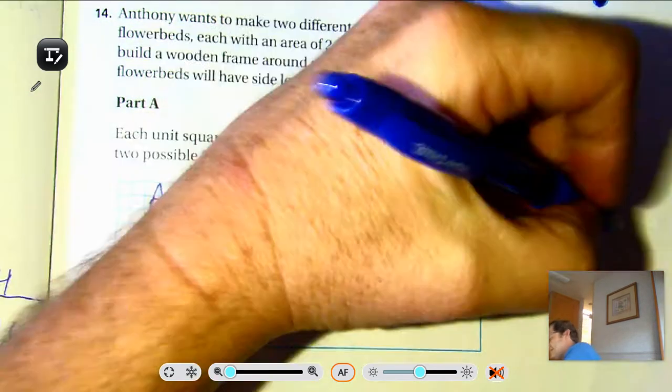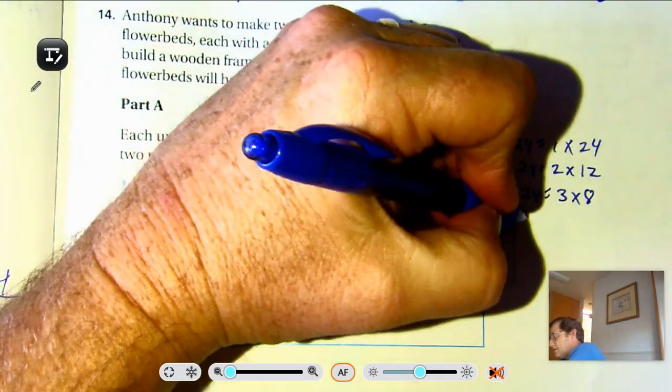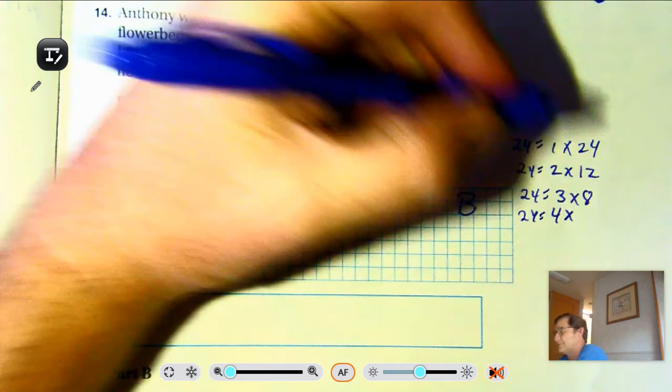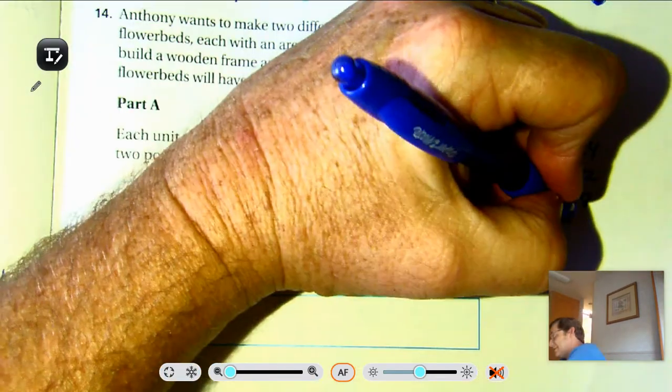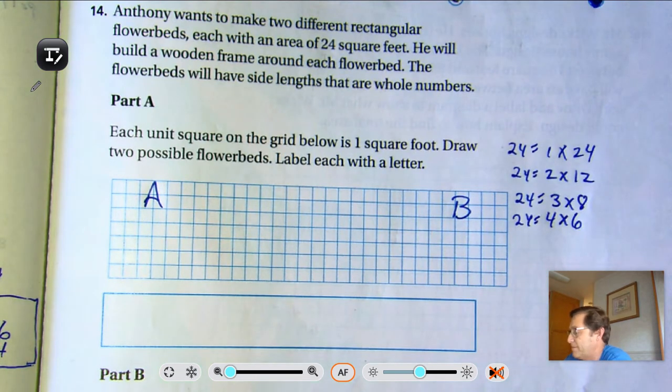Yeah, 3 times 8 is 24. 4 times what is 24? 4 times 6 is 24. Okay, well, we have 4 choices there. We have to write 2 of them.